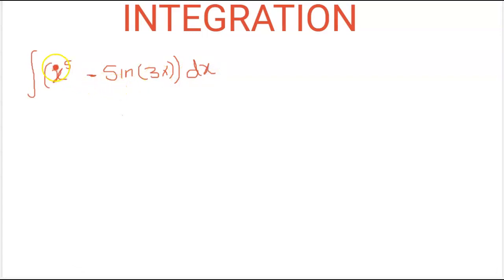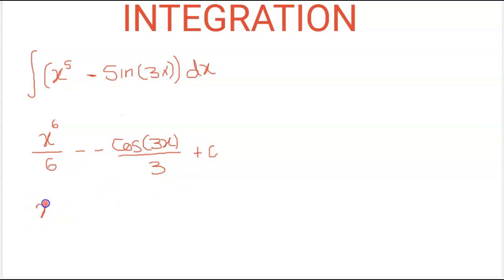When I integrate that one, I know the x to the 5 will become x to the 6 over 6. We know that one. We know the integral of sine is minus cos. So the minus was already there, and that becomes minus cos 3x. But we have to divide that by 3 as well, plus c.